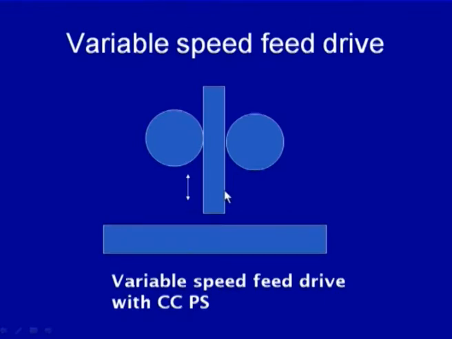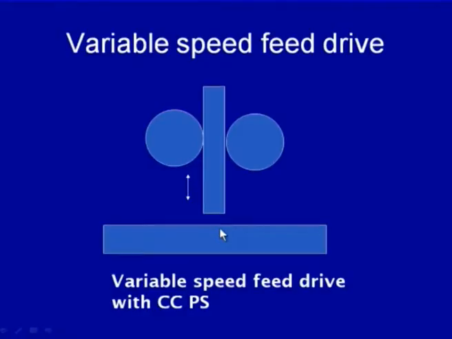Under these conditions, the constant current type of power source is used, so that the heat generation rate is constant, and a constant heat generation rate means the melting rate will also be constant. If due to any reason a fluctuation takes place, then the arc gap will either be increasing or decreasing.